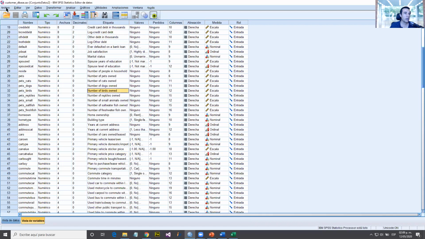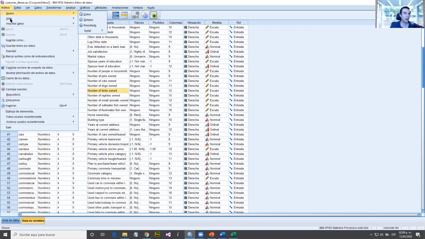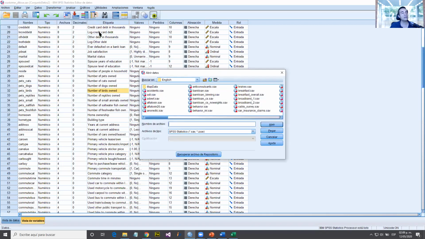You can go right here to File, Open Data, and then go to the folder. It is right here. You can follow it: your hard drive, program files, IBM, SPSS, statistic 25, samples, English, and it is right there. It is called customer dbase.